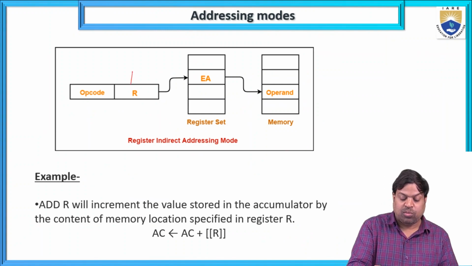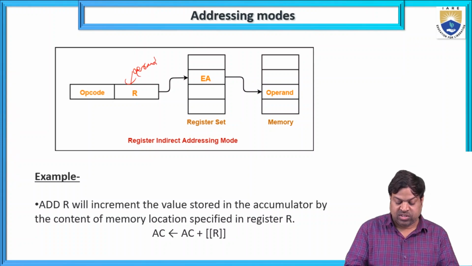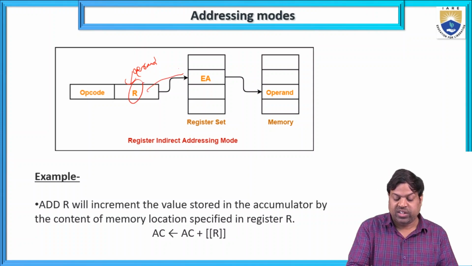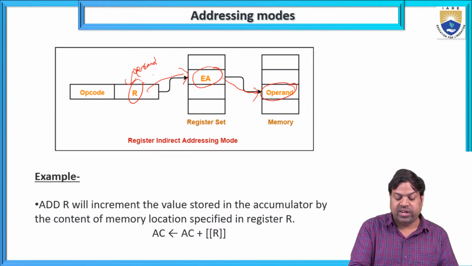That means opcode is there and operand is there. This operand I am taking as a register, or in this register I am not defining the data, I am just defining the address. We can go to this address and search the data there. So the operand is the address, the effective address. E is nothing but the effective address.